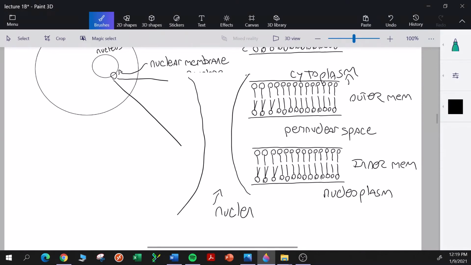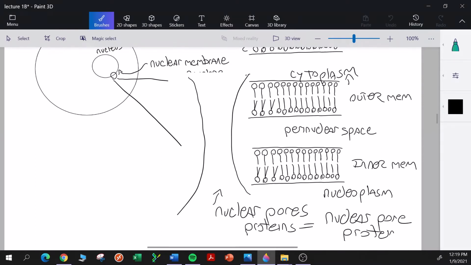These are called nuclear pores. And they're not open. They are full of proteins that form the nuclear pore complex. And these proteins control what can go inside the nucleus and what can leave the nucleus.